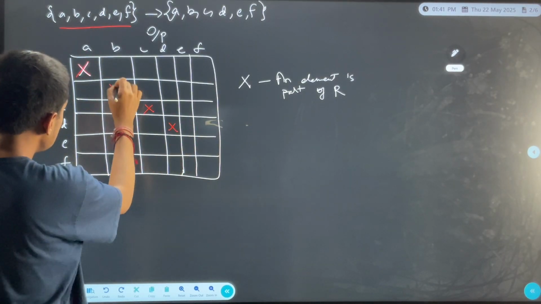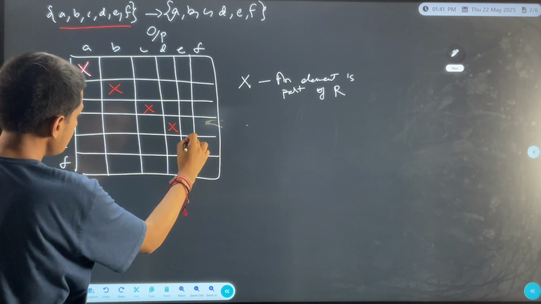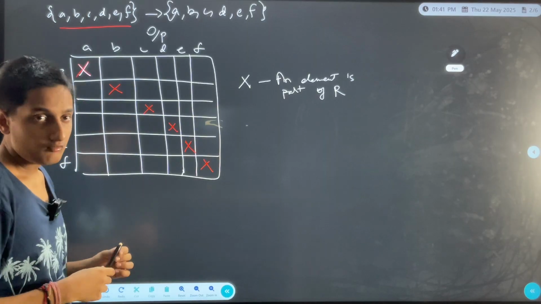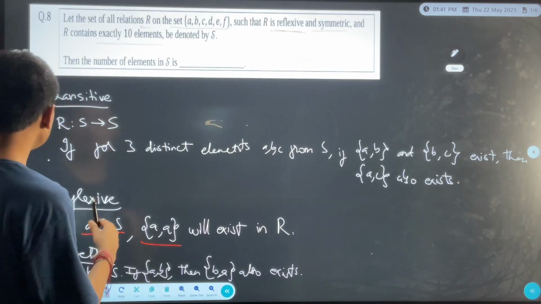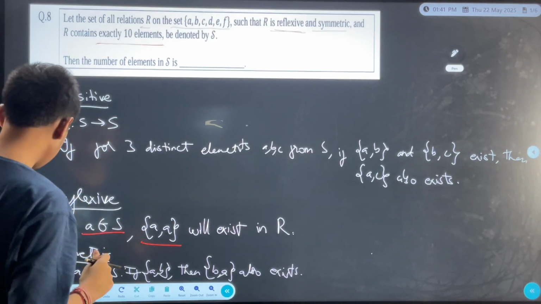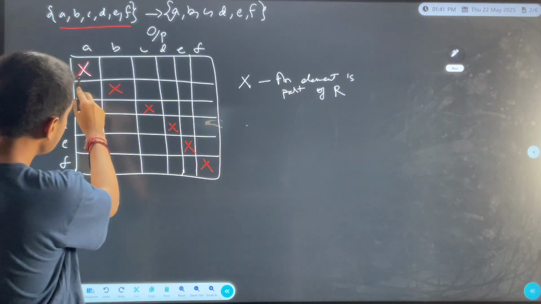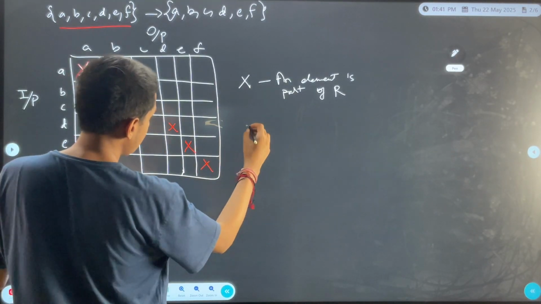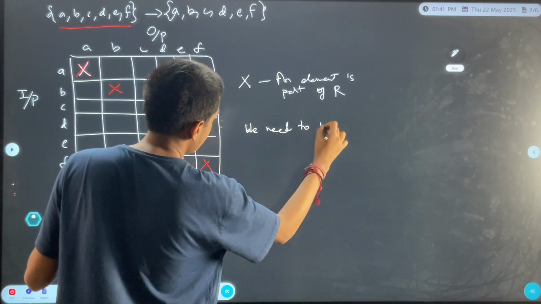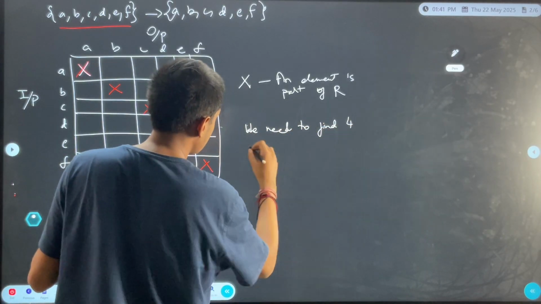So AA, BB, CC, DD, EE and FF will exist in R. Now one more restriction that we have been given is there are exactly 10 elements in the relation, but we have already found 6 of them. So we need to find 4 more elements.